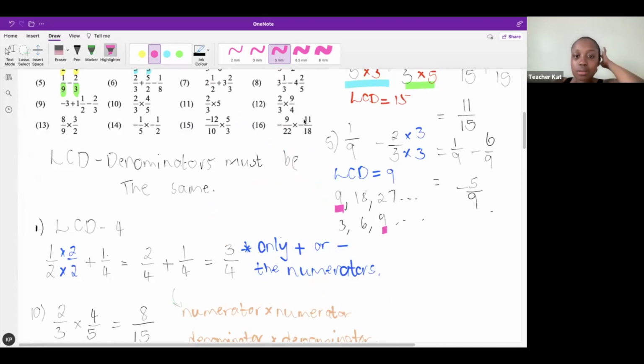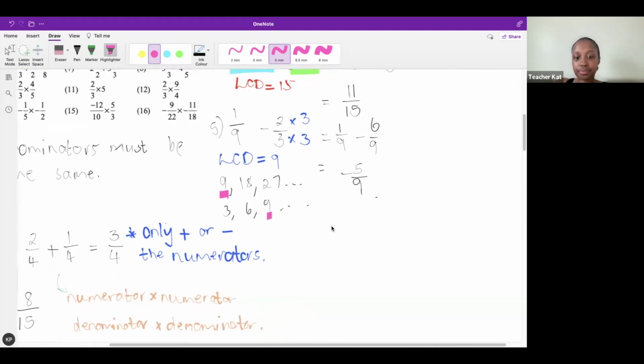Okay, I want to do one that's a little bit more interesting. Let's do number 15. It says -12/10 times 5/3. Okay, common factors between -12 and 3. Do we have common factors? Nice, Bohlale. It's 3. How many times does 3 go into itself?